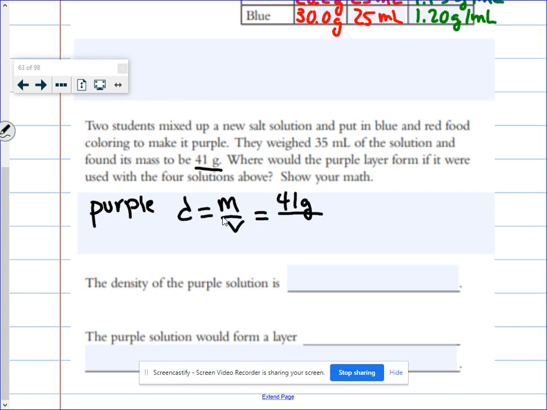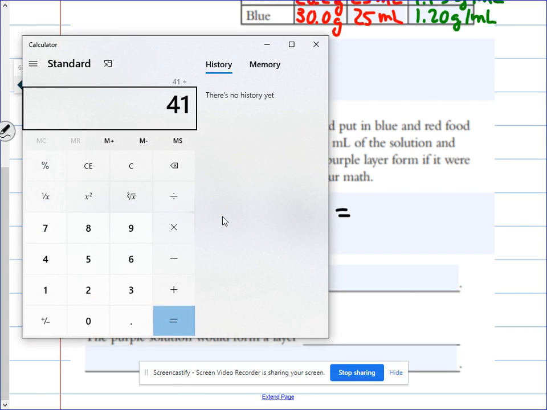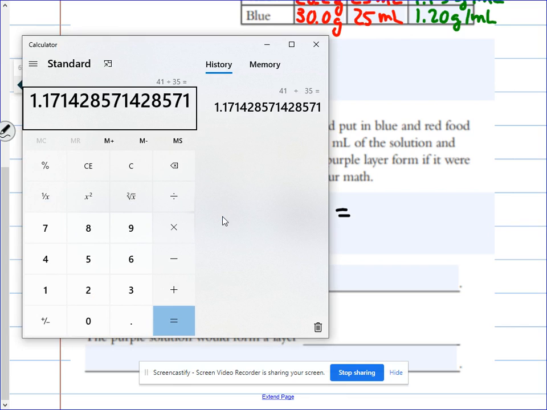So 41 grams on top. My volume, I'm going to put down here, is 35. Okay. So 41 divided by 35. I get this long number here, and I'm going to round this to 2 decimal places, so that should be 1.17.